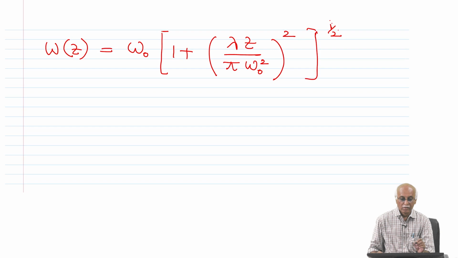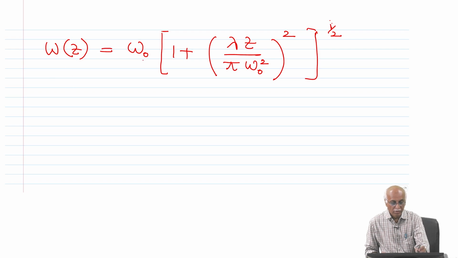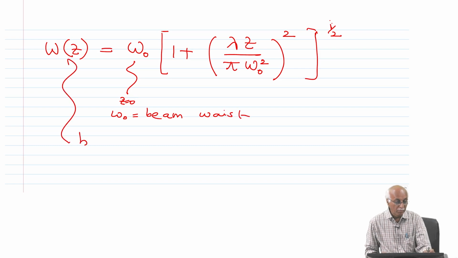This is the configuration. So W0 is where z equal to 0, which is nothing but the beam waist, and W(z) is the beam spot size.